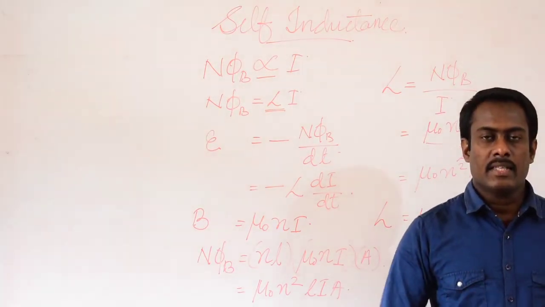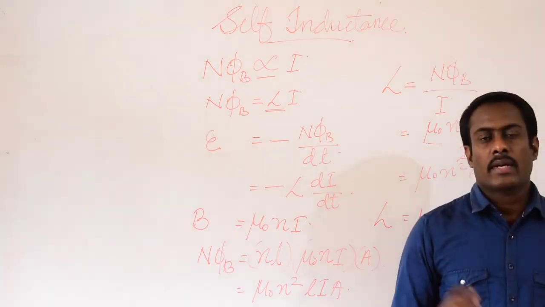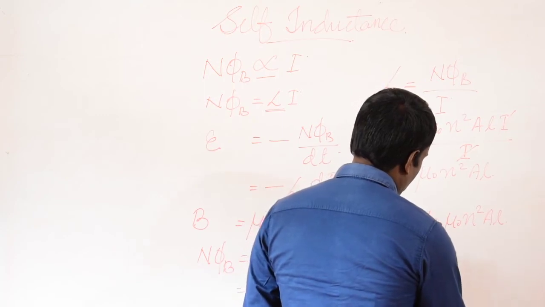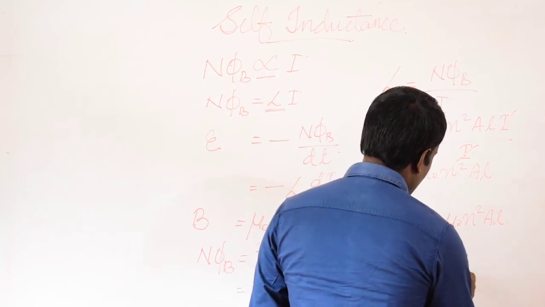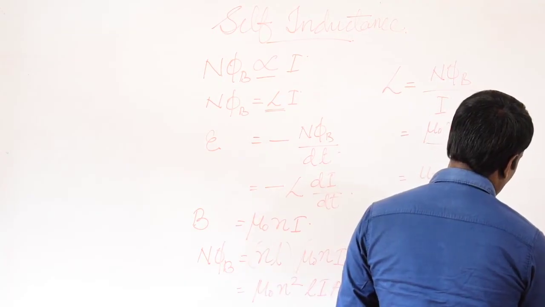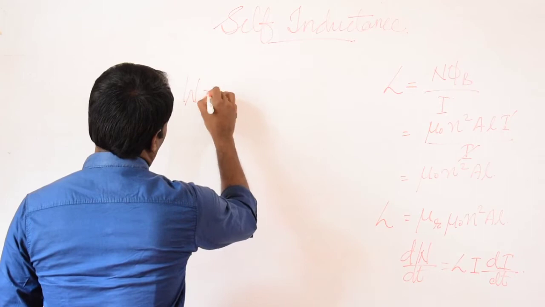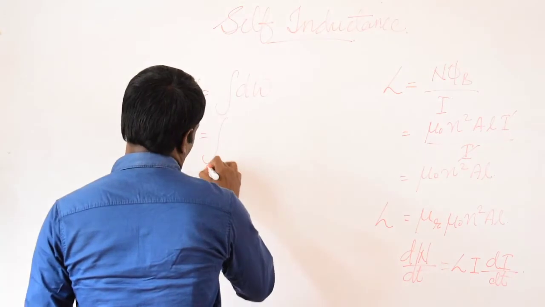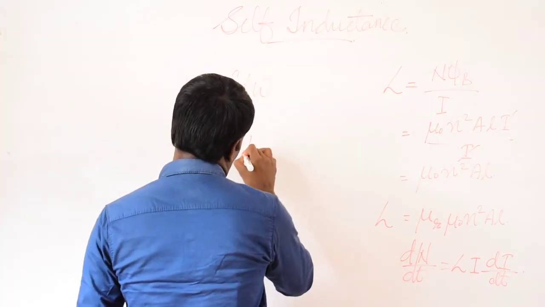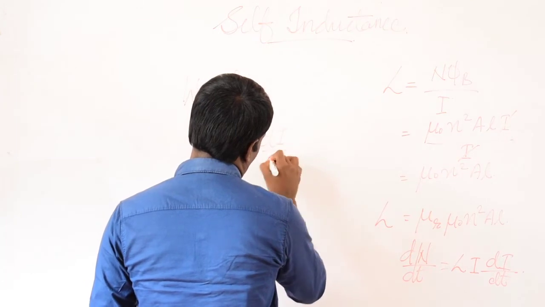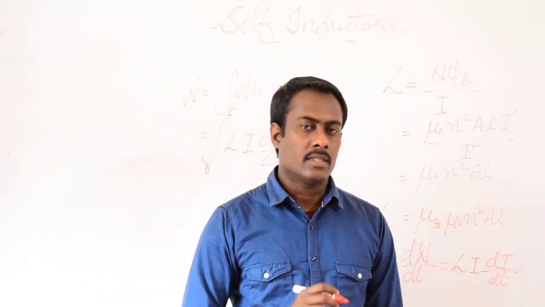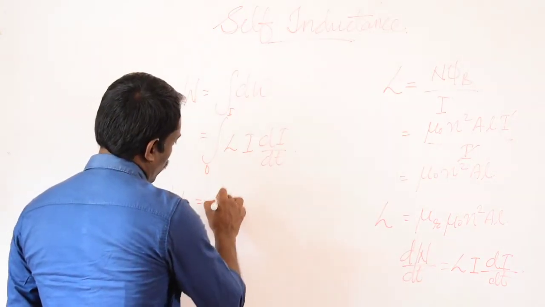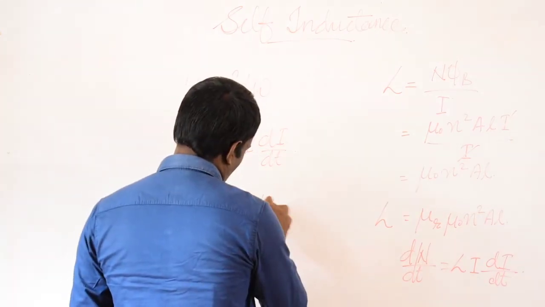For the electric current I at an instant in a coil, the work done is dW divided by dt, and W is the integral of dW, the integral from 0 to I of L I dI. The amount of energy required to build the current is W equal to half L I square.